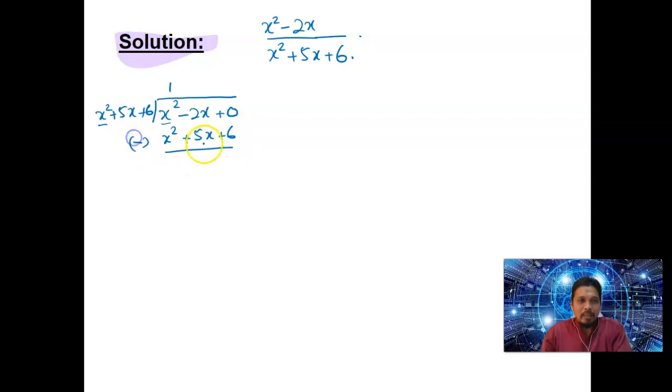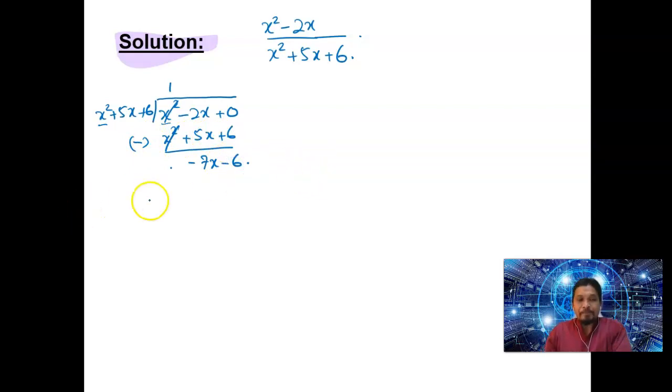Now x squared minus x squared clears. Negative 2x minus 5x is negative 7x. 0 minus 6 equals negative 6.